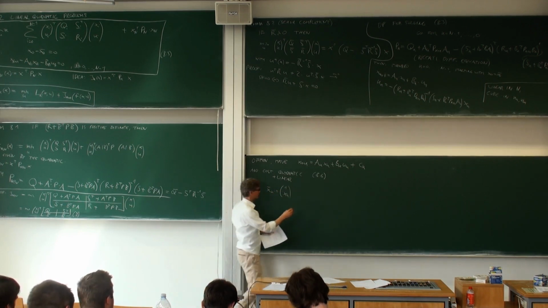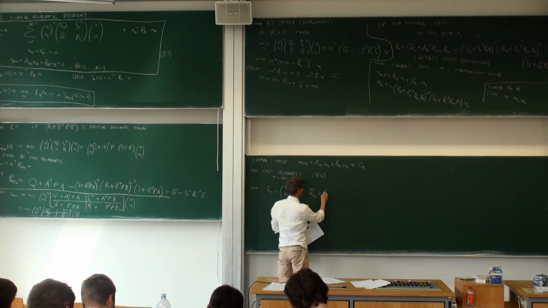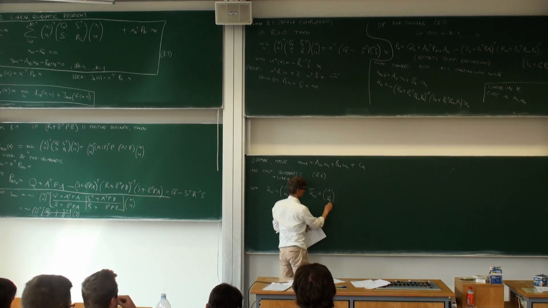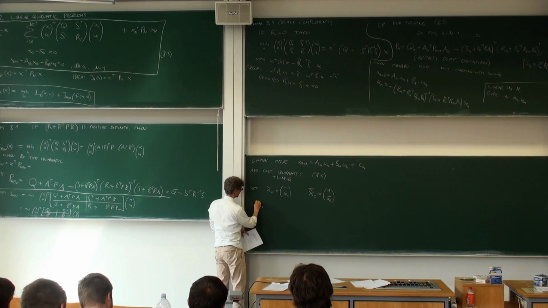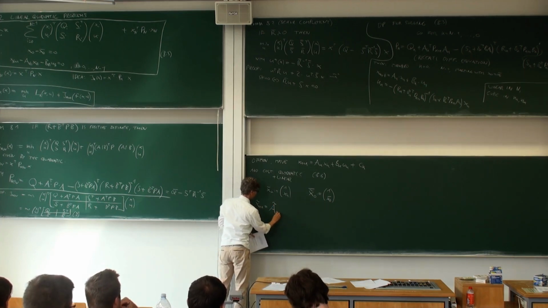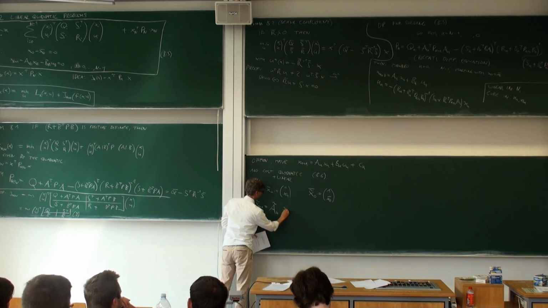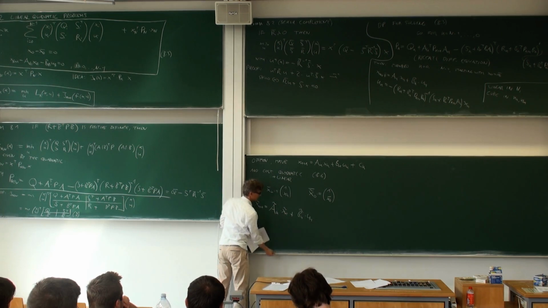And you have an initial condition that just says x tilde bar 0 is defined to be 1 and x0 bar, so the initial value. And your system dynamics will just be given by x tilde_{k+1} = A tilde_k x tilde_k + B tilde_k u_k. Now the u_k isn't changed.